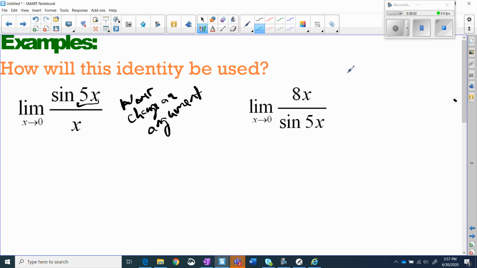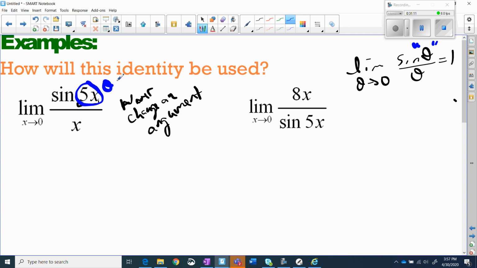Now, when this pattern says the limit as theta goes to 0 of, let's say, sine of theta over theta equals 1, well, theta here is generic, meaning it's the argument. So in this question, this whole thing would be considered theta.